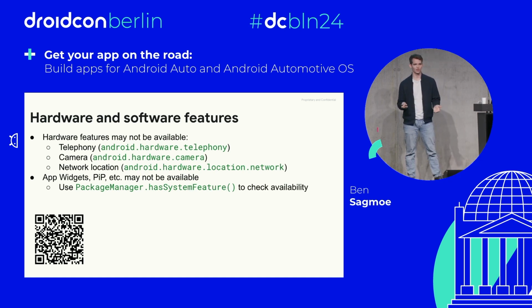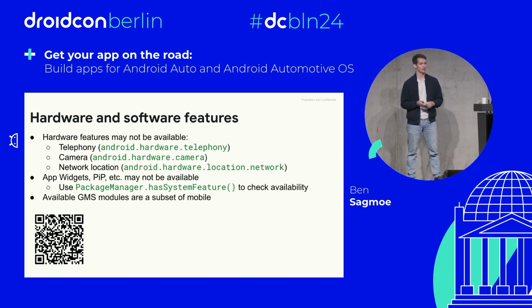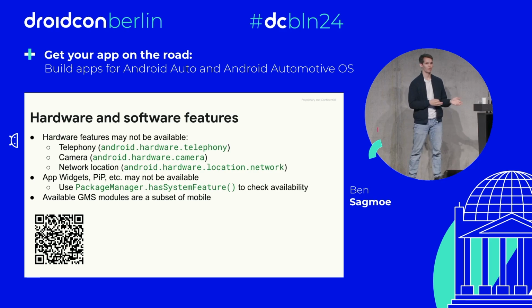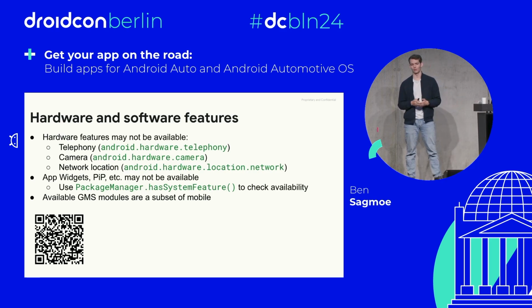And that works across all devices, not just any Android Automotive OS car. Also, there might be some GMS modules that you rely on in mobile that might not be available on automotive. So if you're using the camera, but it's not a core part of your use case, you might be using some of the GMS modules related to cameras, like the barcode scanner. Just be aware that that might not be available. You should check at runtime if it is available.